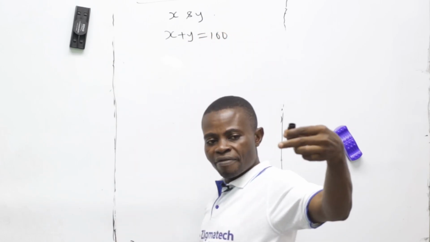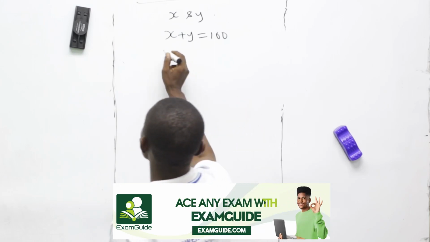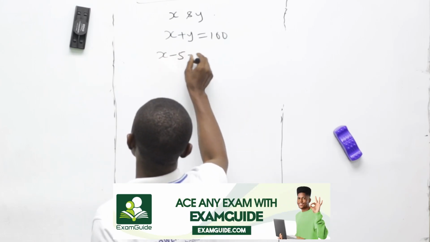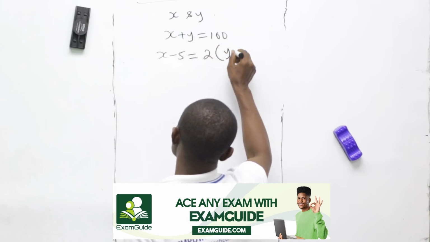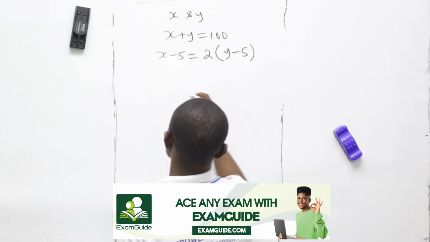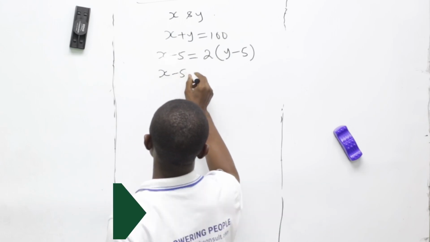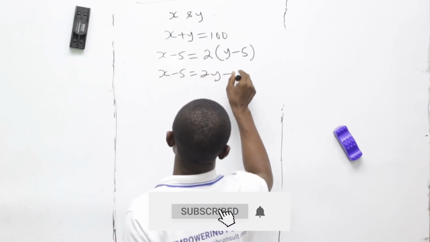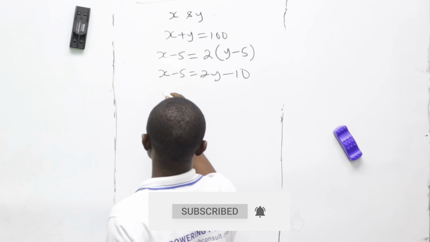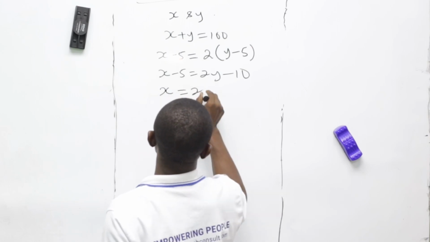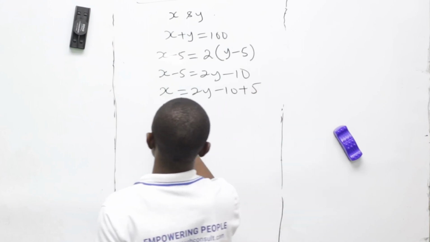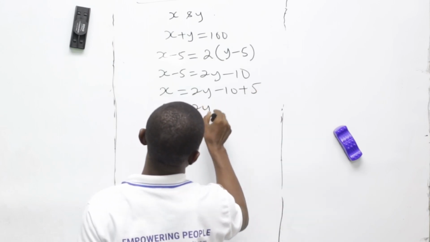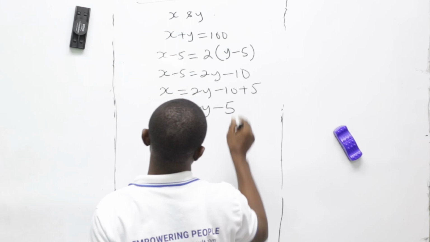Recall they said 5 years ago, meaning x minus 5, which is Musa, is twice Cisse, y minus 5. So that x minus 5 equals 2y minus 10. x now equals 2y minus 10 plus 5. So that x will now be 2y minus 5.